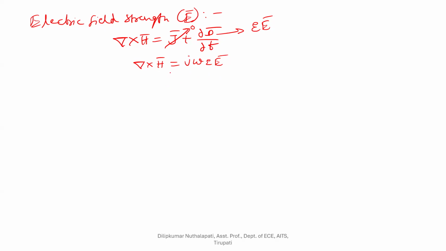Our required term is E bar, so E bar is equal to 1 by j omega epsilon into del cross H bar. Now we have obtained the term of E bar in terms of H bar.